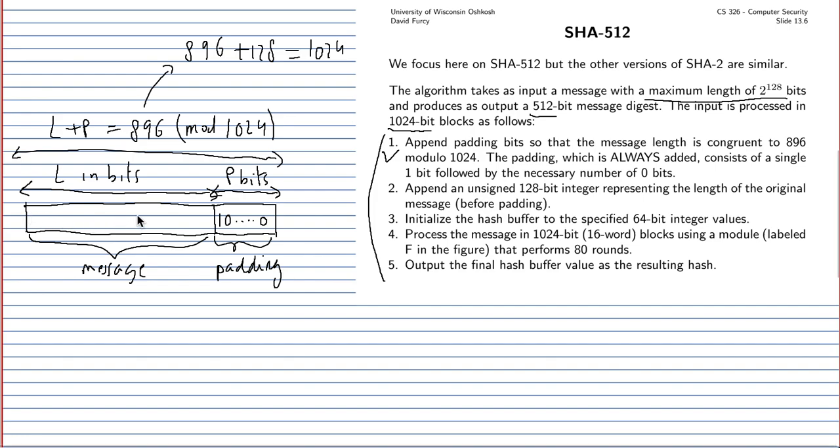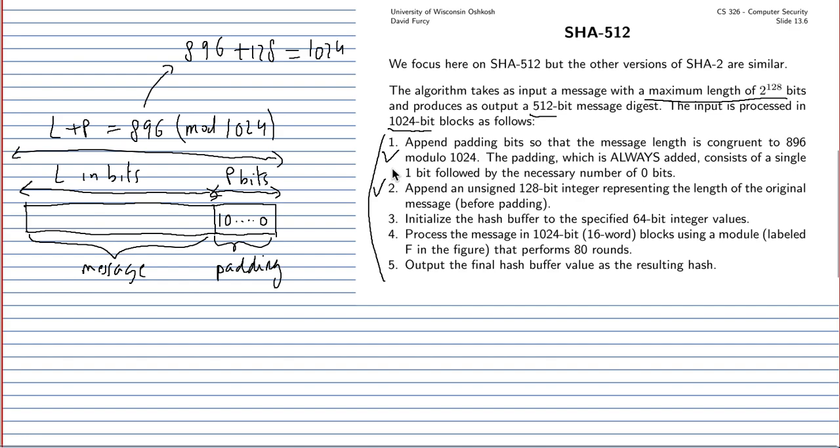Even if L is already equal to 896 modulo 1024, you have to add at least 1 bit of padding. So I want you to think about the possible range of values for P: it has to be at least 1, and then what's the maximum possible value for P to make sure this constraint holds. All right, step number 1 is complete.